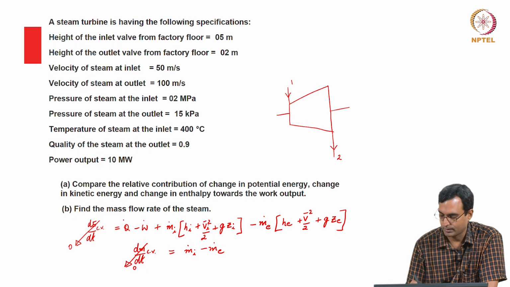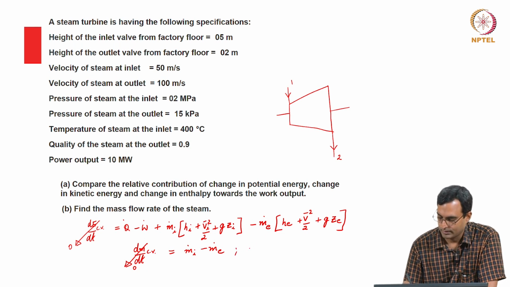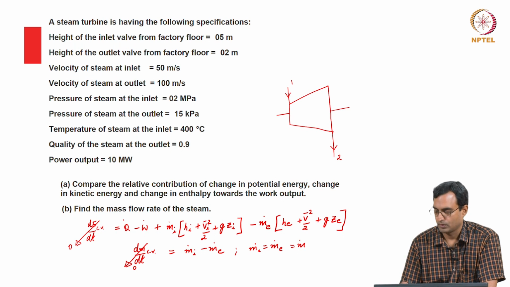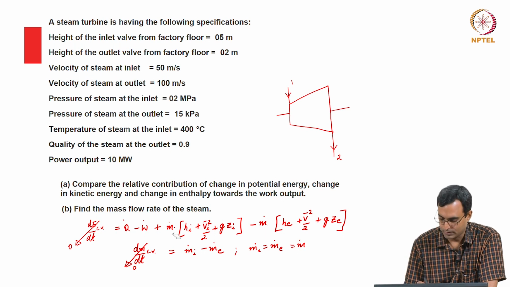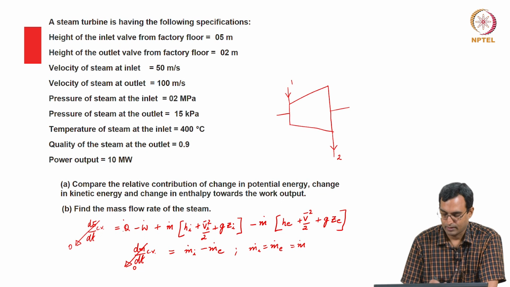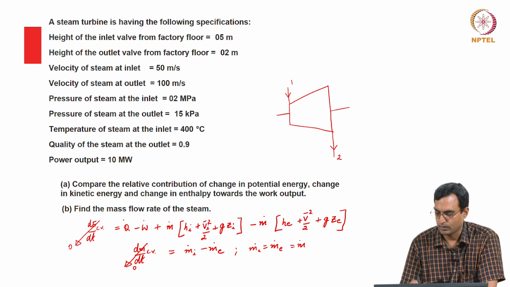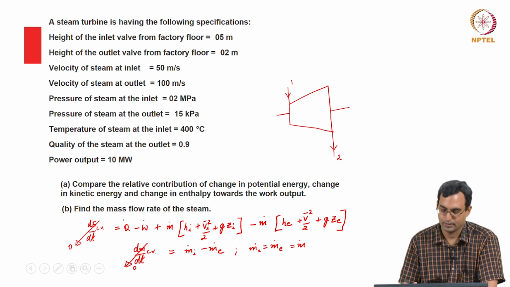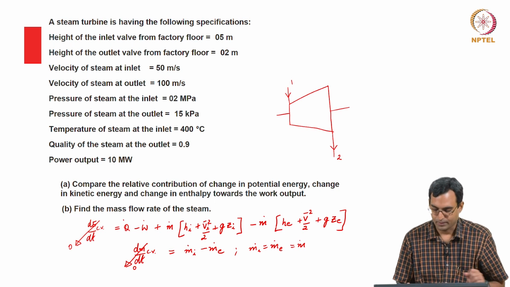So m_i dot is equal to m_e dot, and we can say it is equal to some m dot. So I can call this m dot, and if I divide all of this by m dot, I can get small q, small w and all of these in specific terms. So that's something I can do.